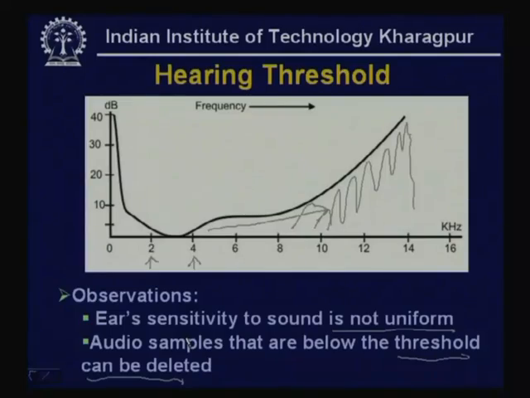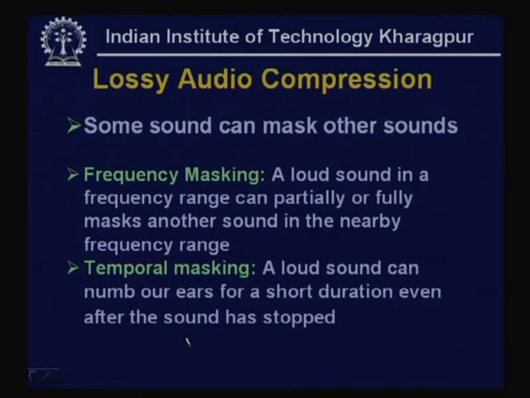This is one approach. Another is that some sound can mask other sound. It has been observed that there are two types of masking. One is known as frequency masking. A loud sound in a frequency range can partially or fully mask another sound in the nearby frequency range.